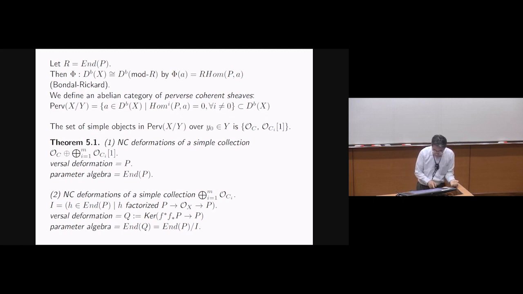So, for example, in the case of a flopping contraction, the contraction algebra reflects the infinitesimal neighborhood of the contracted curve, and that reveals some deeper structure of the neighborhood. Commutative deformation is just the usual moduli space.